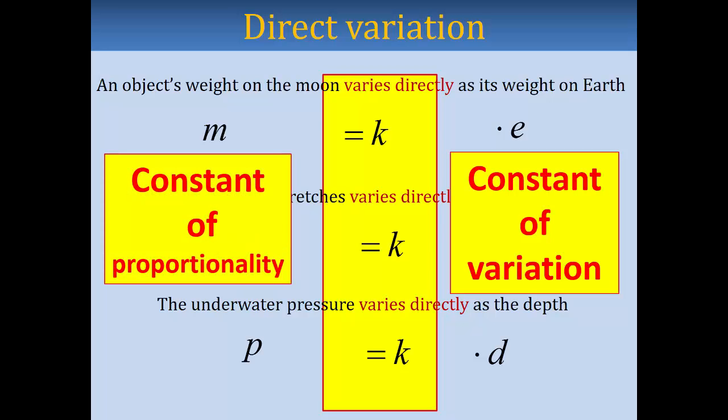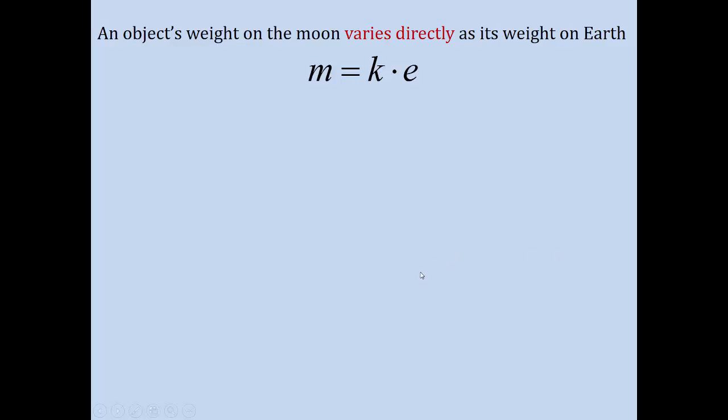For the moon, that is a known quantity: the relationship of the weight of an object on the moon and the weight of the object on the Earth. Many of these are things that can be looked up in tables, or we can experiment to find them, as I'll show you here. If an object's weight on the moon varies directly as its weight on Earth, then we have this equation, which would be the same equation if we were talking about Jupiter or Saturn or any other planet.